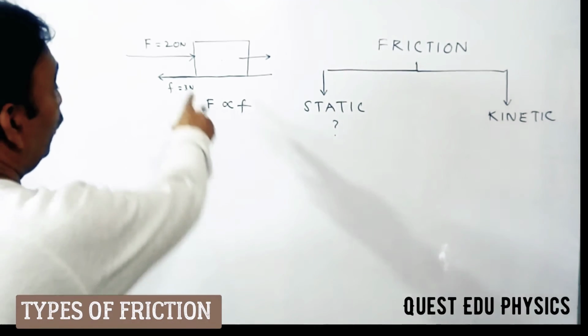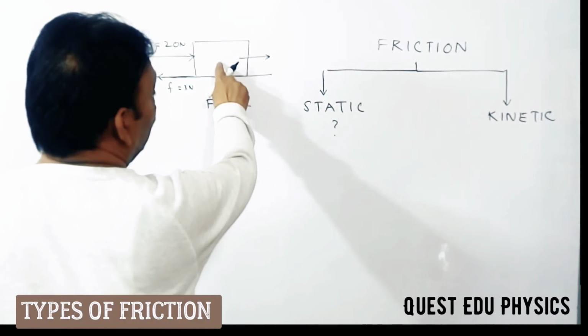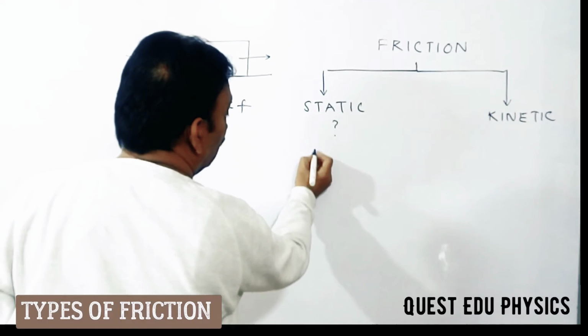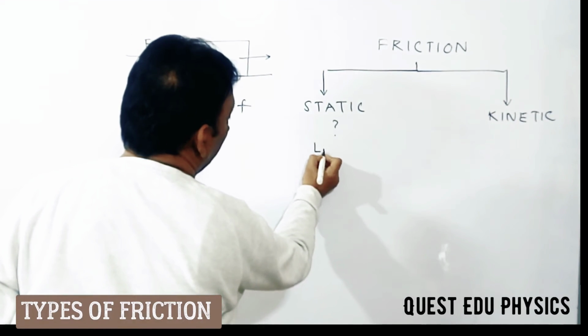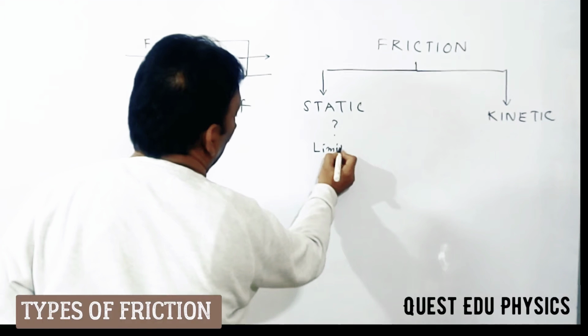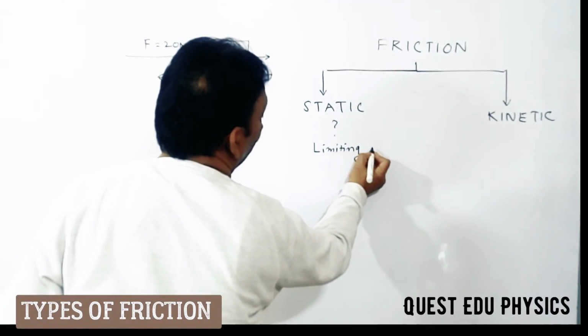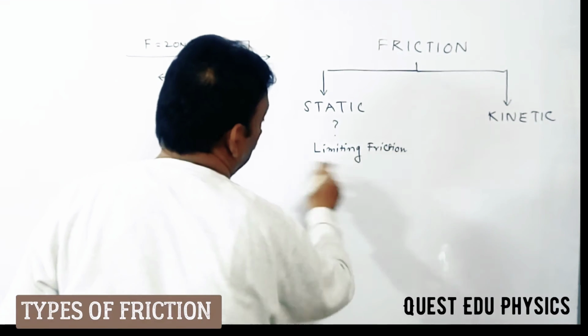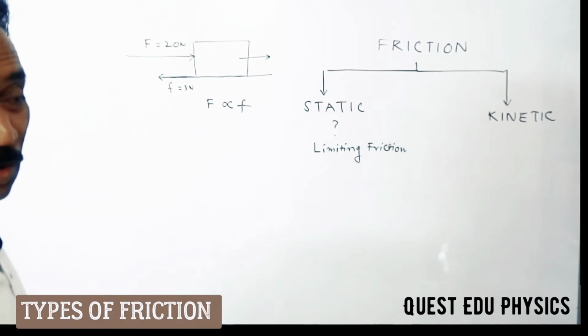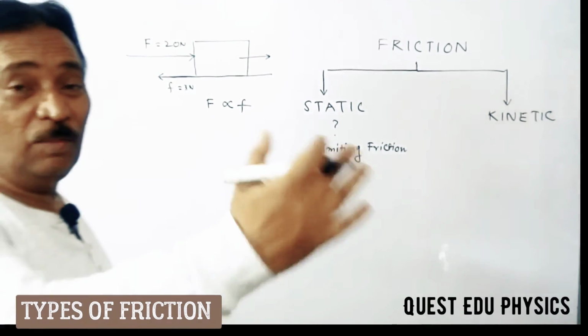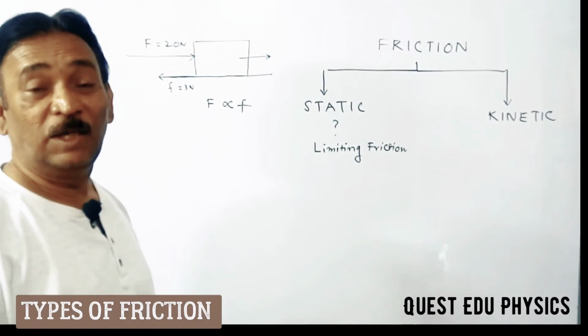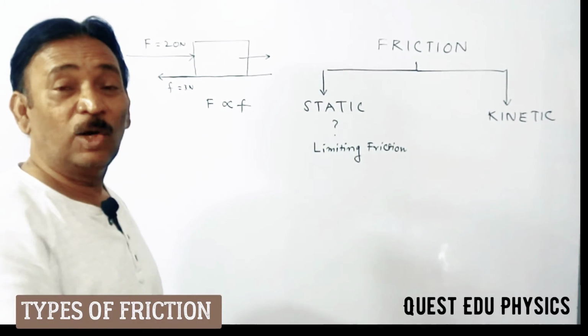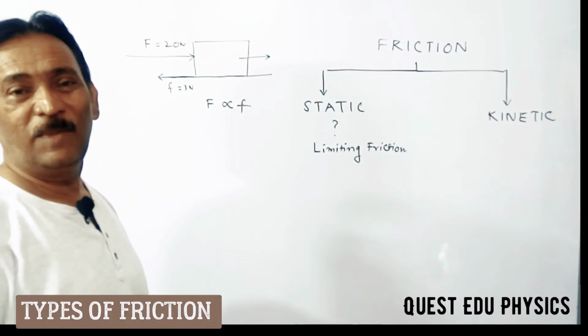Where the body starts moving over the surface, we call it the limiting friction. Limiting friction is a certain amount of force after which the body moves over the surface, that means the body undergoes motion.